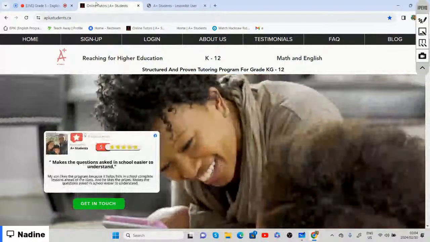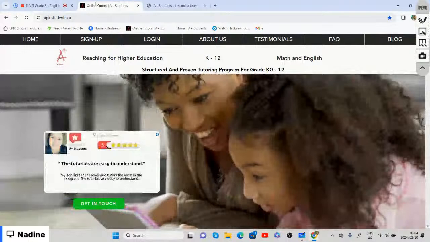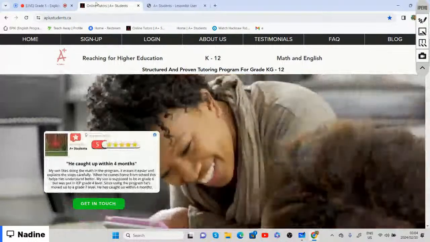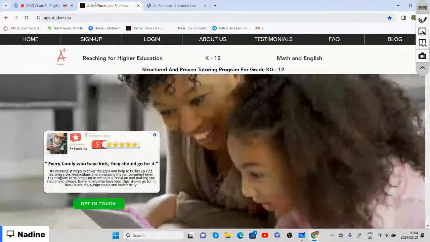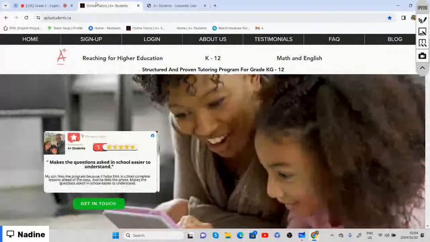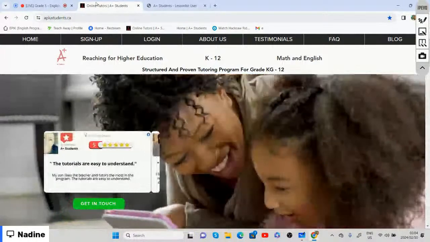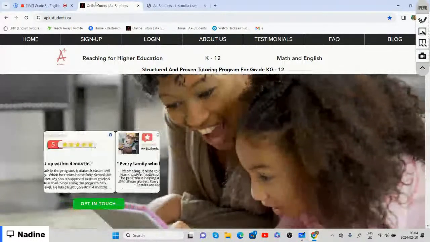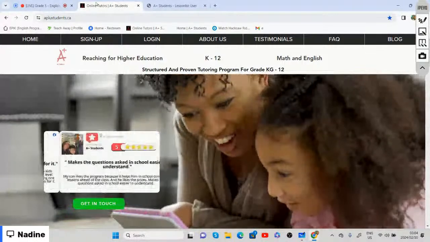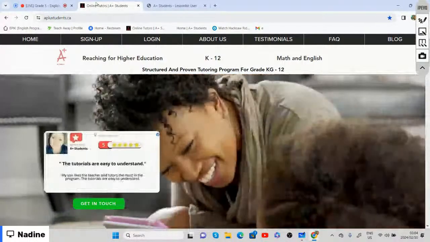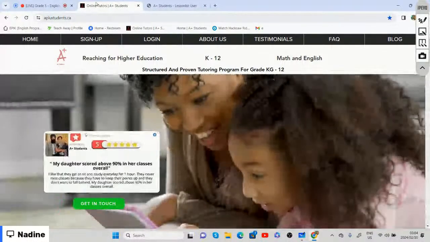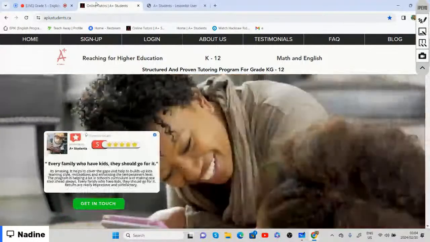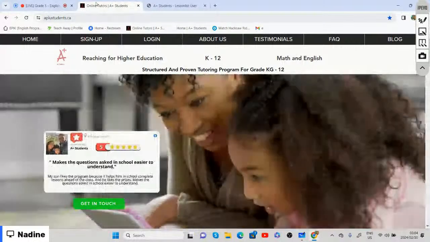Before we start, we're going to log into aplusstudents.ca with our username as well as our password, and then we're going to select the subject of language arts, grade 5, and scroll down until we get to the chapter of adjectives that compare.